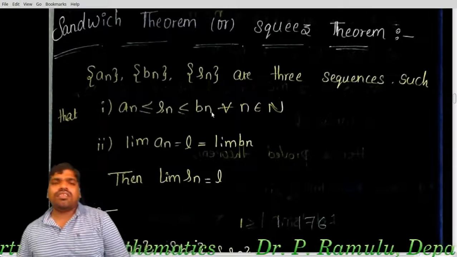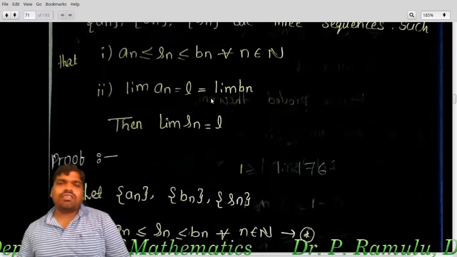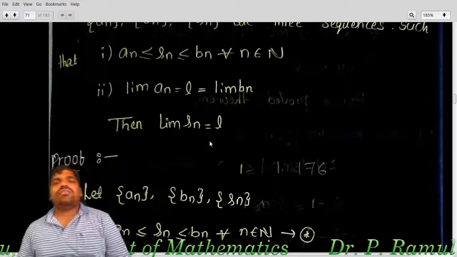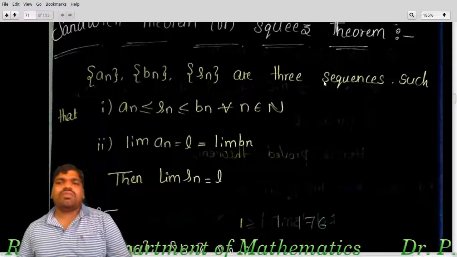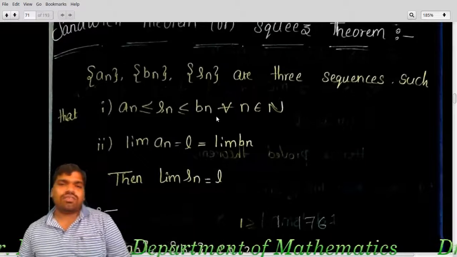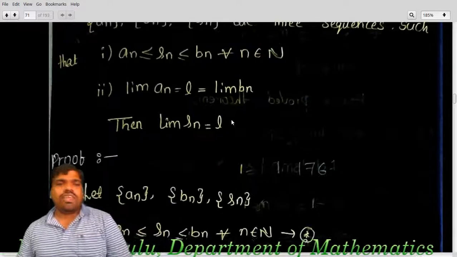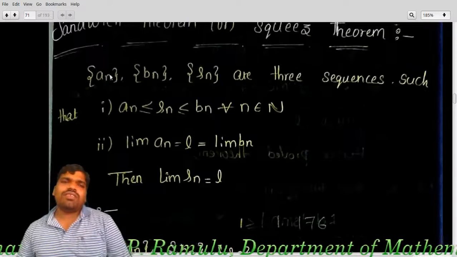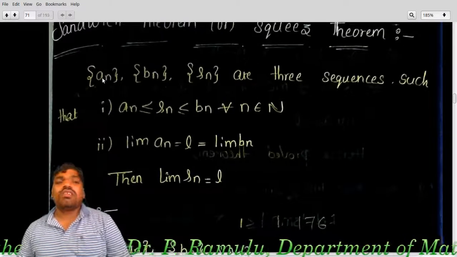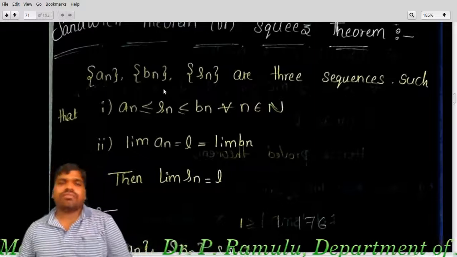Second, lim of an equals l and lim of bn equals l, then lim sn equals l. Same condition; instead of Sn and Tn, I am taking an and bn here, and there I took sn as the middle one, right?